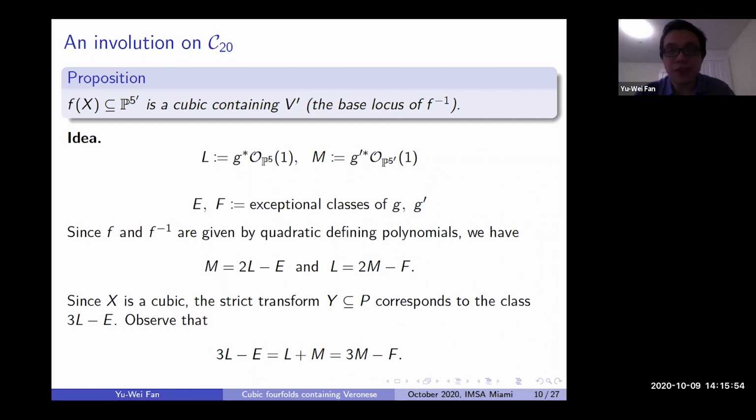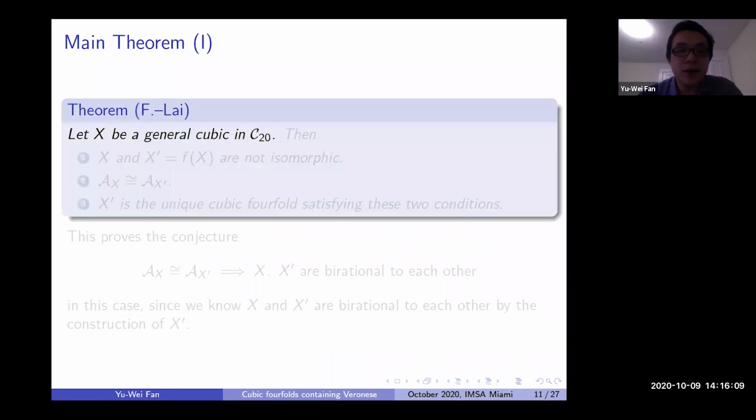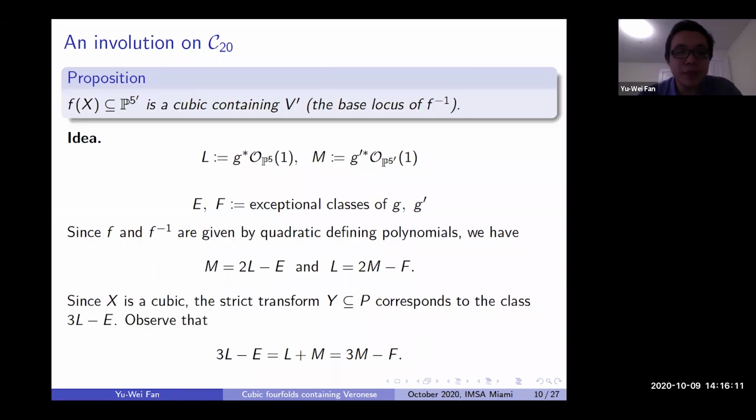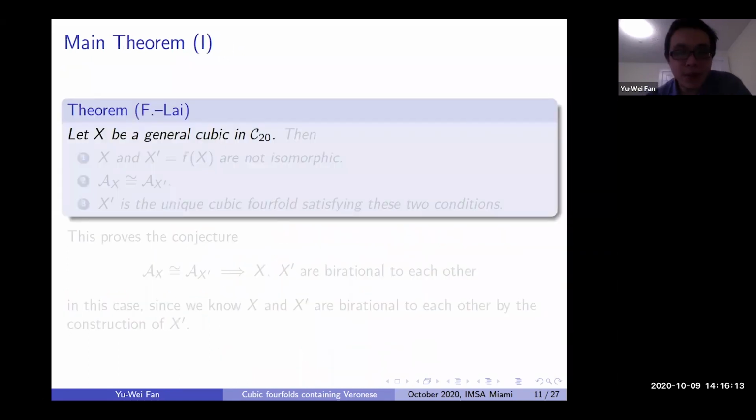Any questions so far? So this somehow gives an involution on C20, right? The moduli of cubics containing a Veronese. So the first part of the main theorem we restate as follows.